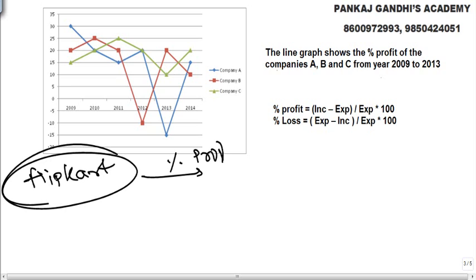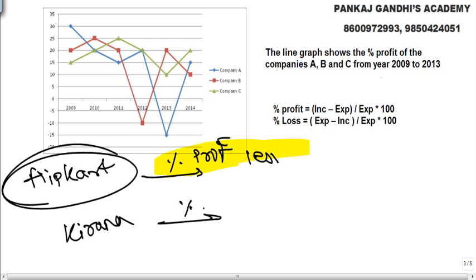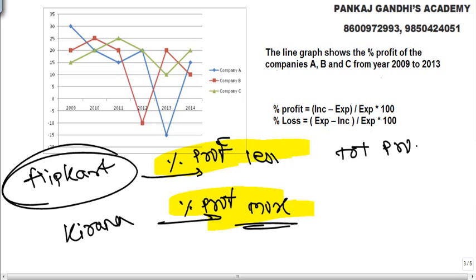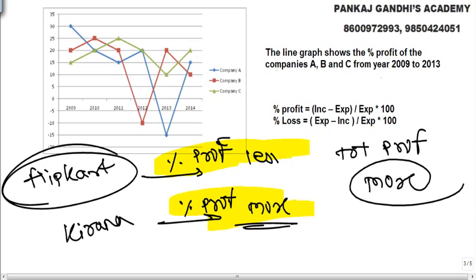Right now their percentage profit is less, लॉस है बट समझ लो. बट लोकल बनिए वाला अपना किराना दुकान वाले का परसेंटेज प्रॉफिट इज मोर. बट लुक एट सम टाइम ऑनवर्ड्स, परसेंटेज प्रॉफिट लेस रखा है, बट टोटल प्रॉफिट मे बी मच मोर फॉर फ्लिपकार्ट. मे बी. How so?